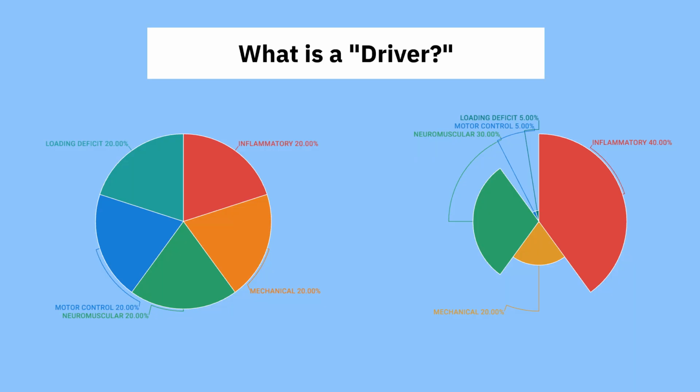Each one of these has its own nature of onset and why we might be feeling or symptoms might be coming on as a result of a loading deficit or a mechanical issue. However, what we do find is the picture on the right, in that the way that your symptoms are presenting at that moment in time is more akin to one of those categories.